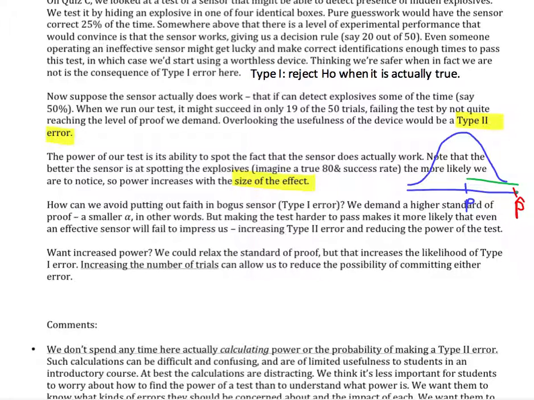So you're probably going to reject, and it's probably not actually the case that they're the same, so you should have rejected, hence making the power of your test high. So that green line I drew there, that's the size of the effect, or the effect size, in other words.